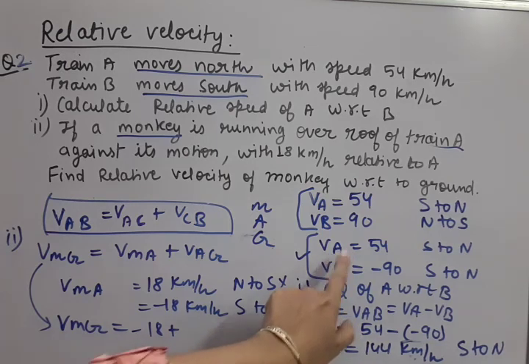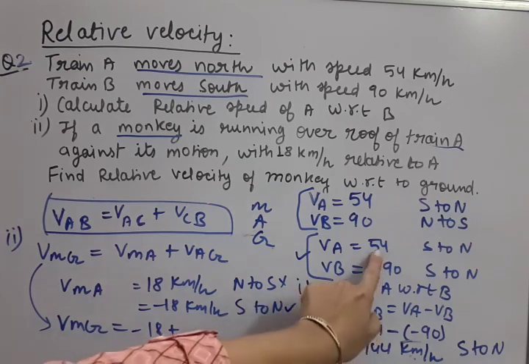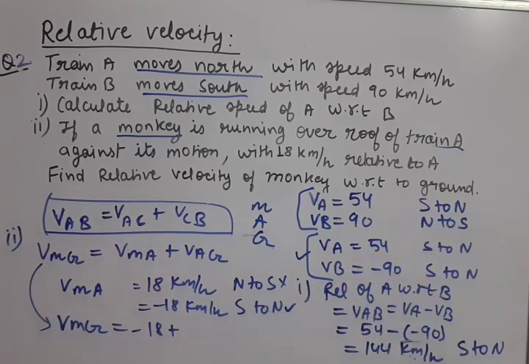So VA or VAG are the same. It is 54 in the south to north direction, so we put 54 here. Let us check the final answer: 54 minus 18 is 36 kilometer per hour in the south to north direction. So this is the solution of this question in which three terms are appearing.